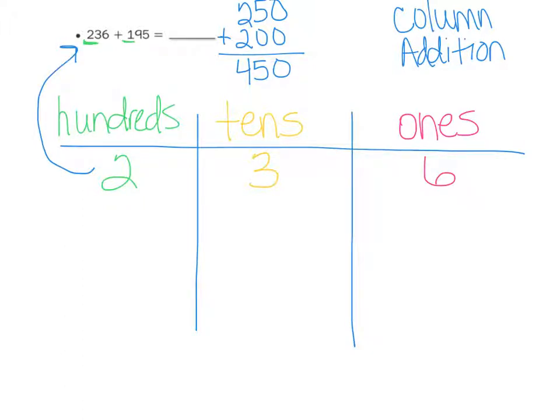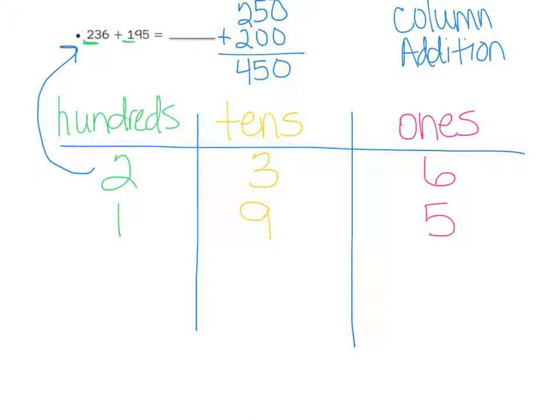Now I'm going to look at my second number, which is 195, and 195 is the same as 100, 9 tens, and 5 ones. Okay, so all I have done is written this problem in columns. It kind of helps line everything up.